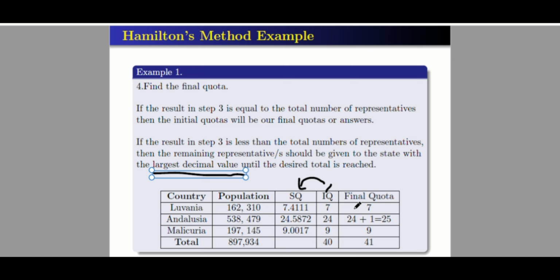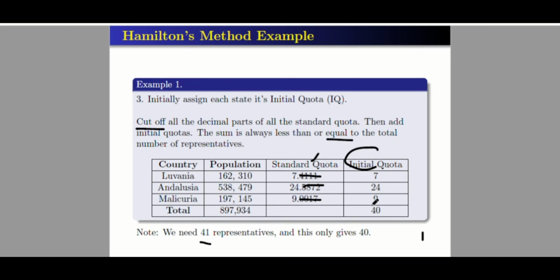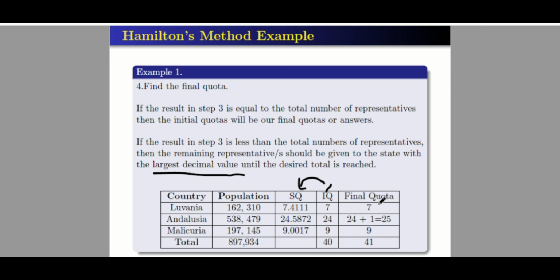So the one representative that is missing must be put in Andalusia, because, again, based on this, it has the largest decimal value. So we have 25. Now all of the representatives are distributed. No one is left behind.